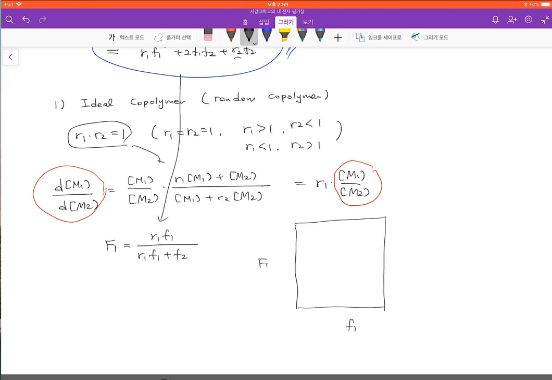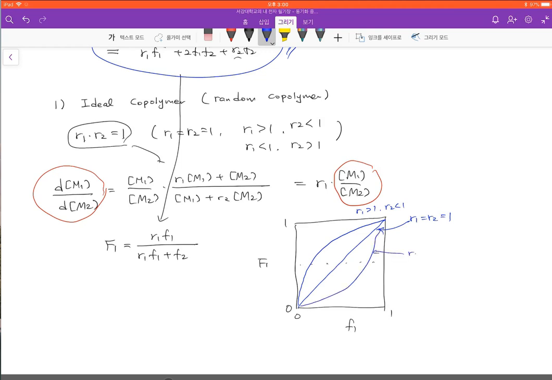All right, if you plot the relation between large F1 and small f1, both values will be from 0 to 1. When r1 and r2 are both 1, you'll have this line. Basically large F1 is equal to small f1. The compositions are basically the same.